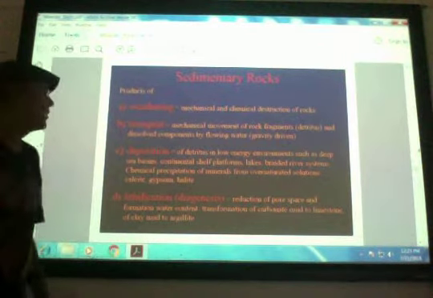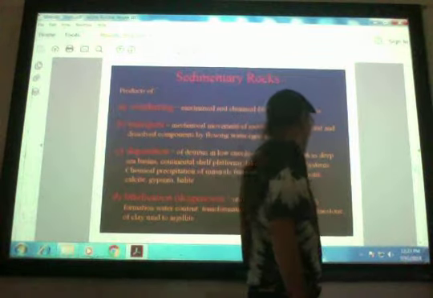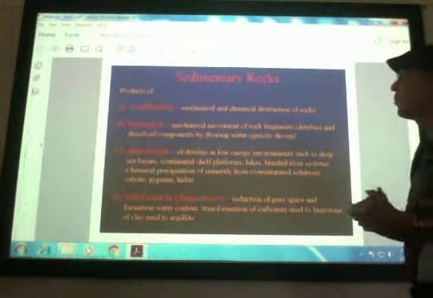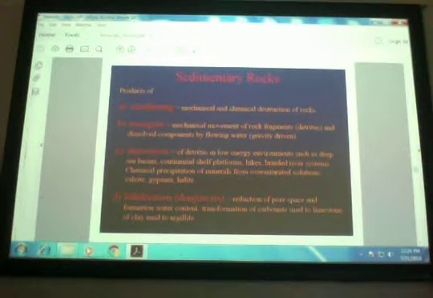When you are reading this, we have the chemical precipitation of minerals from oversaturated solution. That is just what we are doing here. But here we are not growing calcite, gypsum or halite, here we are just making crystals. But anyway, you can also make a calcite crystal, and the calcite crystal is probably here.